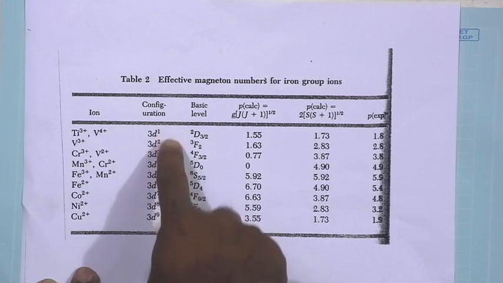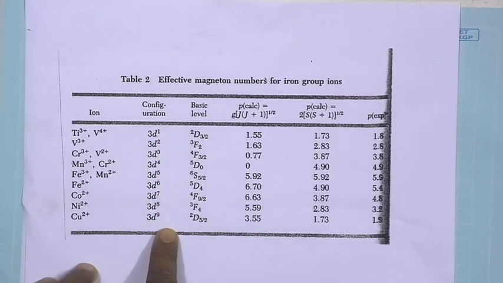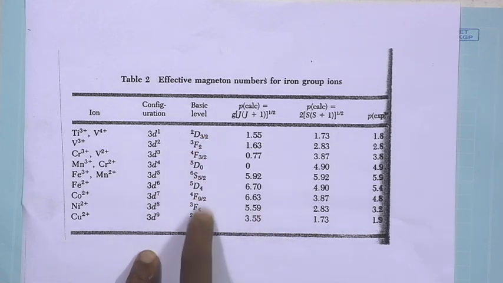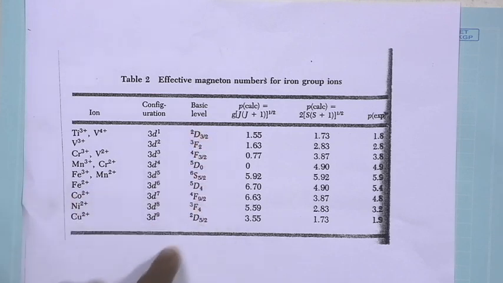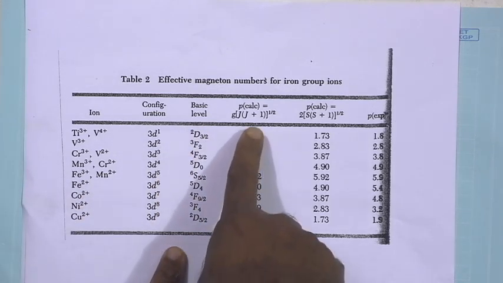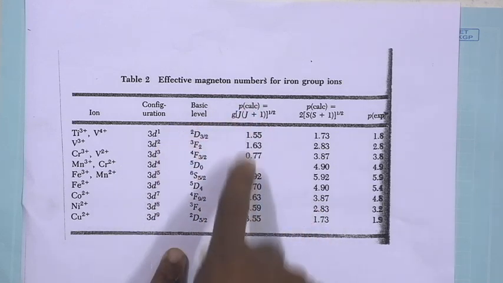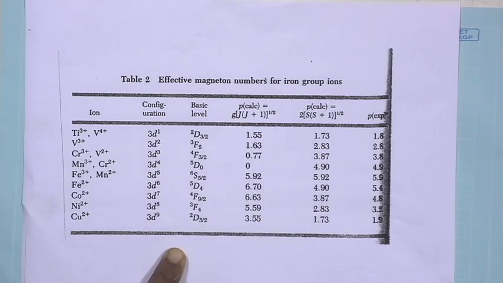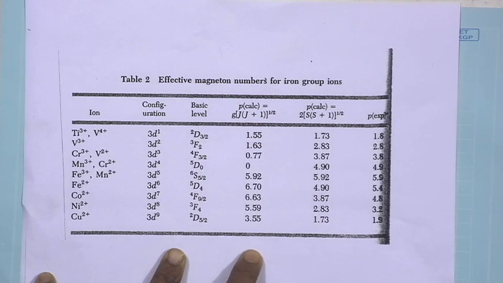All are having 3d1, 3d2, 3d3, 3d4 electrons up to 3d9 in copper 2 plus, and these are the spectroscopic terms at ground state. If you know the L, S, J values, then we can calculate P effective. So, these are the values.